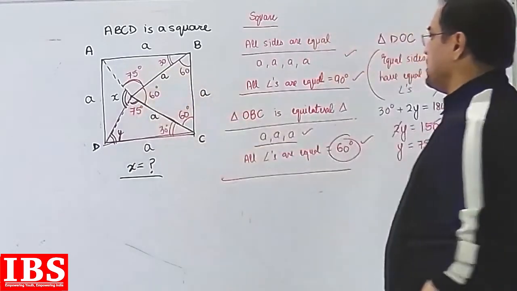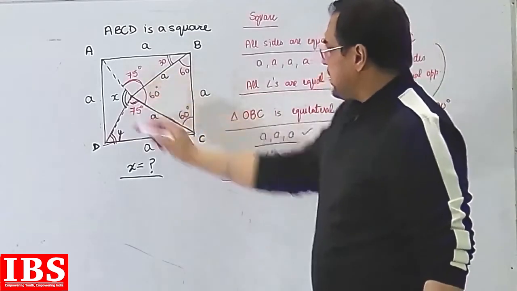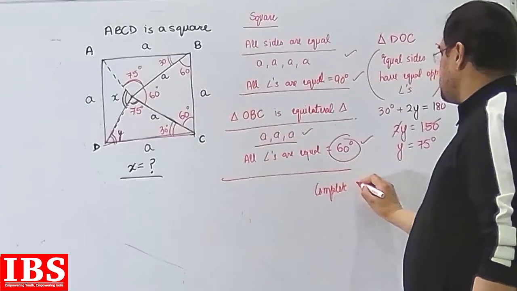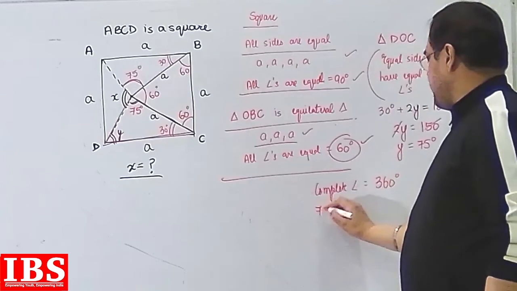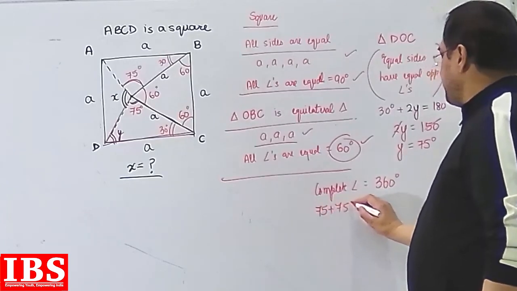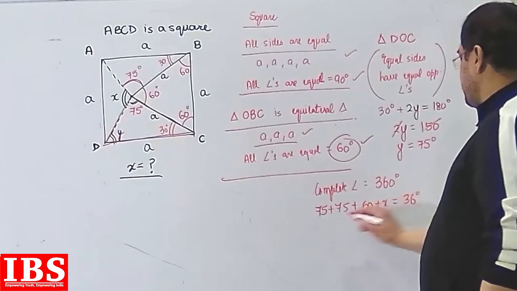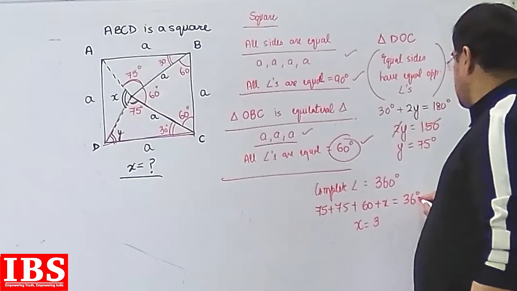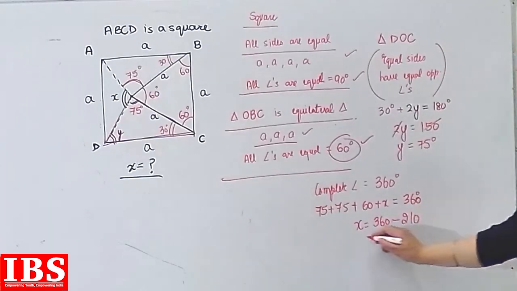So we can calculate the value of x now. As we know that this is a complete angle, a complete angle is always equal to 360 degrees. So we have 75 plus 75 plus 60 plus x is 360. This is 150 plus 60 is 210. So x is 360 minus 210.